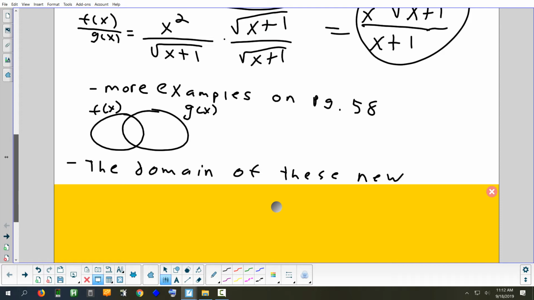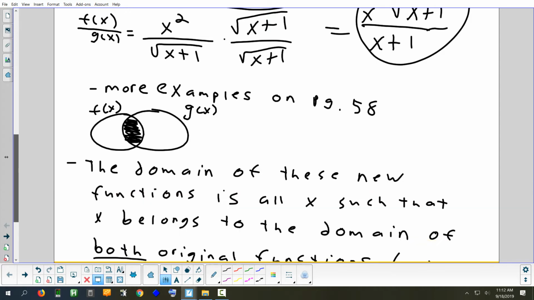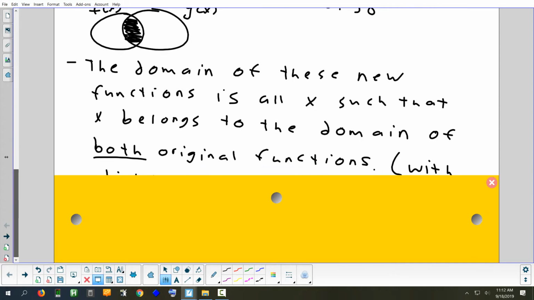Yeah. The overlap. So it's all numbers that belong to both of the original domains. Or the way I wrote it here, the domain is all x's such that x belongs to the domain of both original functions.